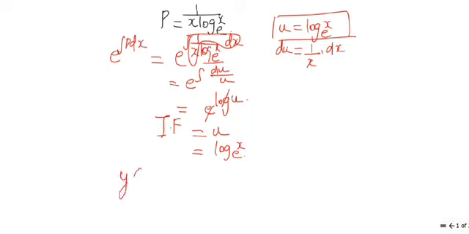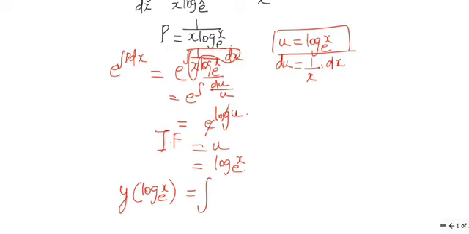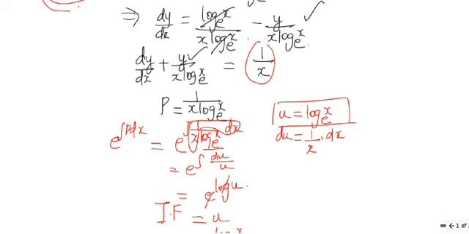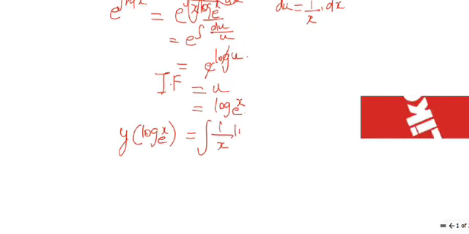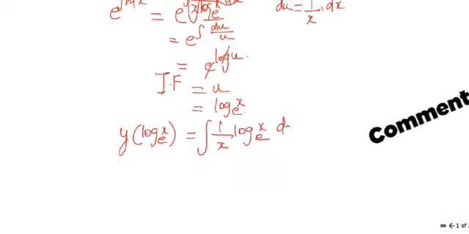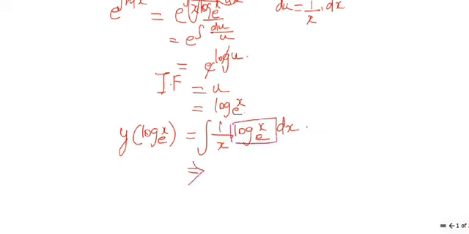So y times the integrating factor, and on our right hand side, q is nothing but 1 over x. So here we get the integral of 1 over x times log x to the base e dx, and then we need to integrate this. Again, this is a complicated function, so we'll try the substitution method again. Assume t to be log x to the base e. The differentiation of this is 1 over x dx.